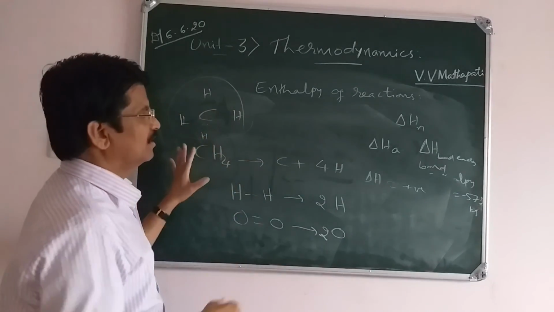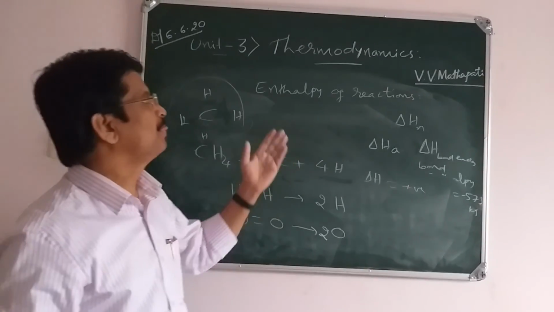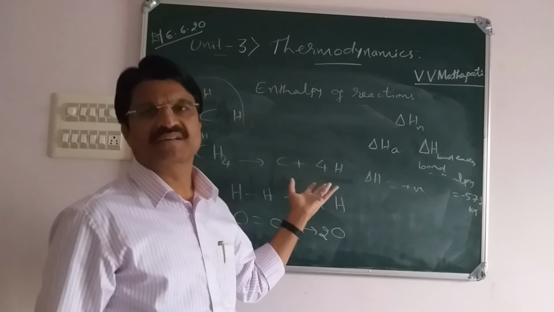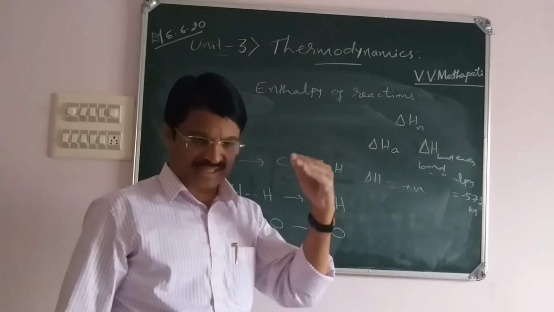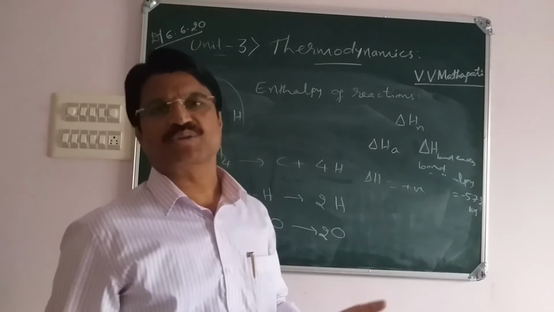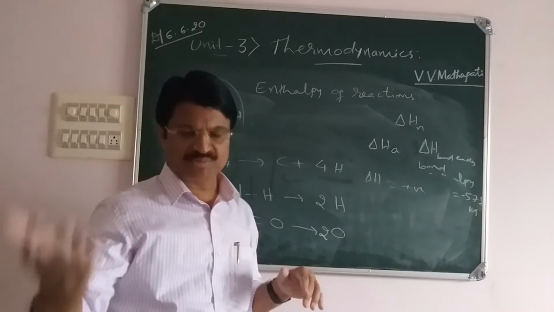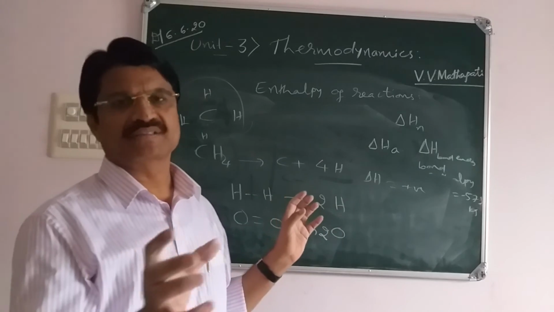So like this we can study enthalpy reactions and thermochemistry. Then come laws in thermochemistry and the delta G term, and that I'll cover in the next video, and also we'll solve problems on thermodynamics and thermochemistry in the next video.